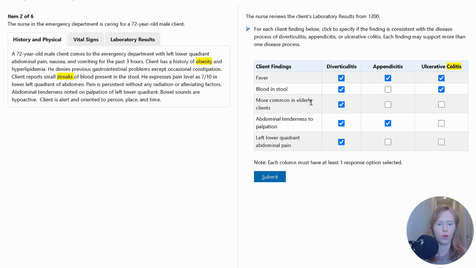So no, that's not more common in elderly clients. The only one of these that is more common in elderly clients is diverticulitis. And then abdominal tenderness to palpation and left lower quadrant abdominal pain: it's an inflammatory process of the colon, so yes, you are going to see tenderness to palpation and your pain is going to be localized to the left lower quadrant. And we're correct.